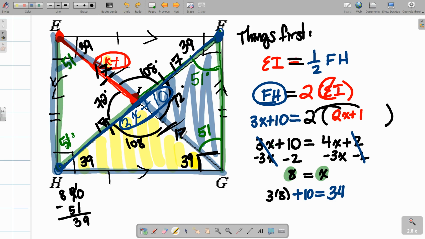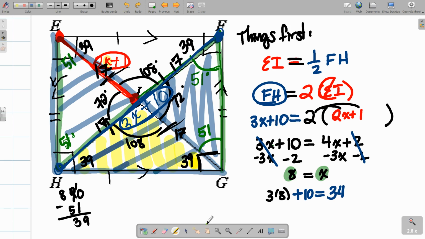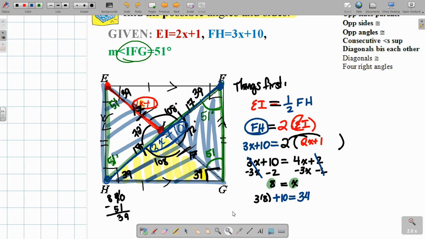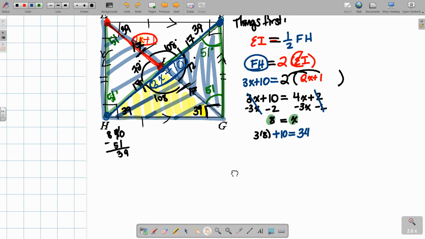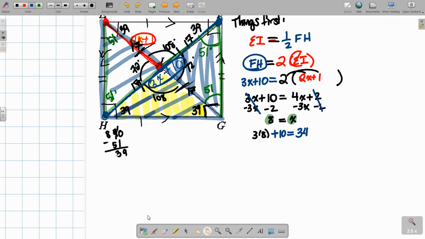That nice big overlapping right triangle? Let's pull it out down below, because when I say find all angles and sides, I mean it. And you think you have all the angles, which you do, but you do not have all the sides. So we're going to take this triangle right here, EHG, and just pull it apart.